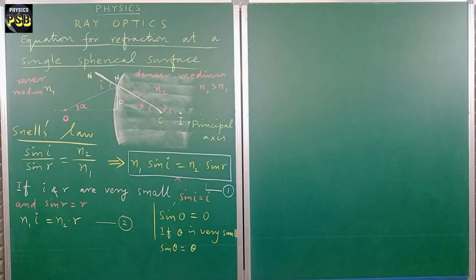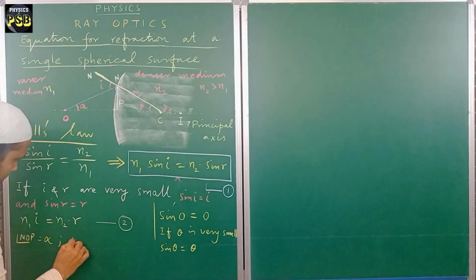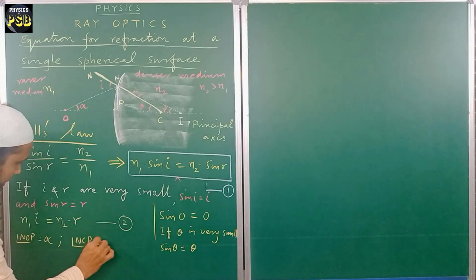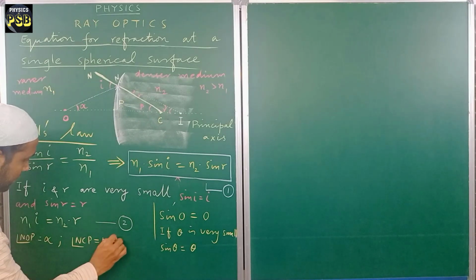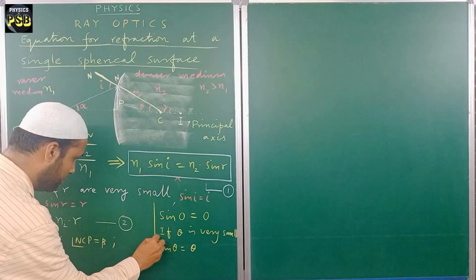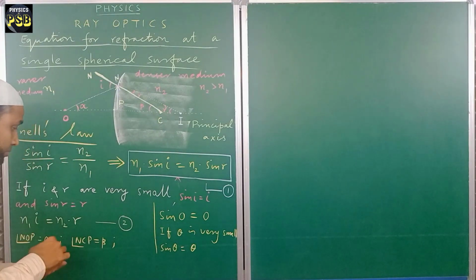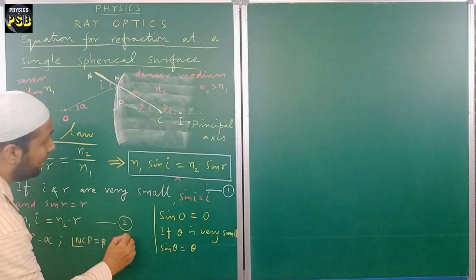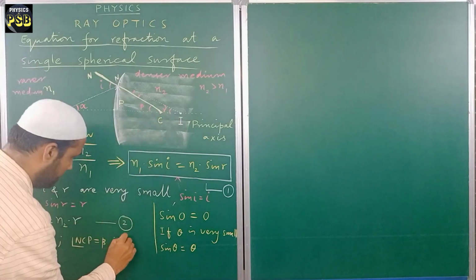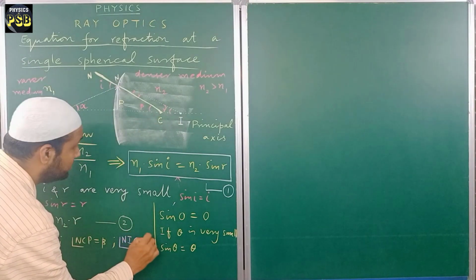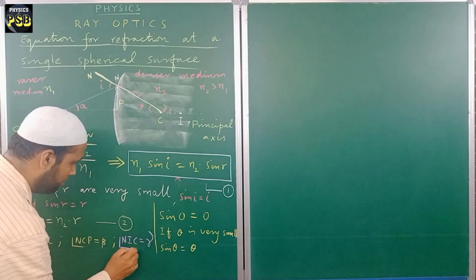Here angle NOP is nothing but alpha, the angle NCP is taken as beta, and angle NIC is taken as gamma.